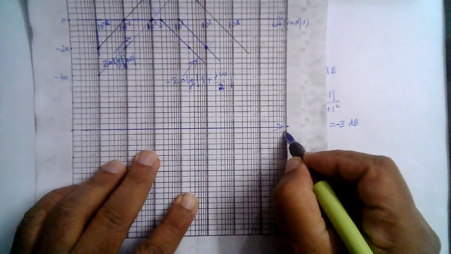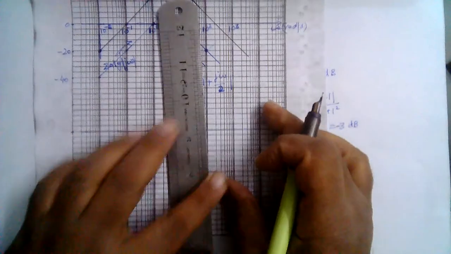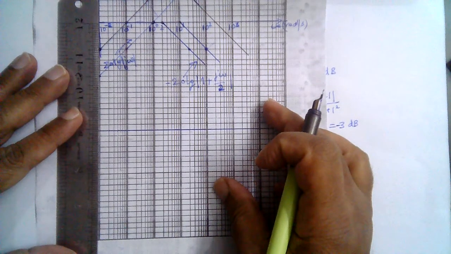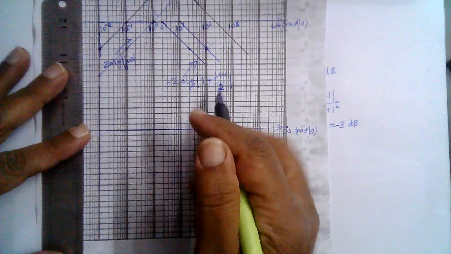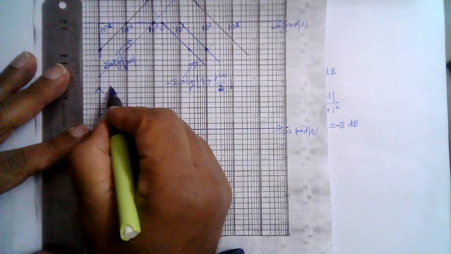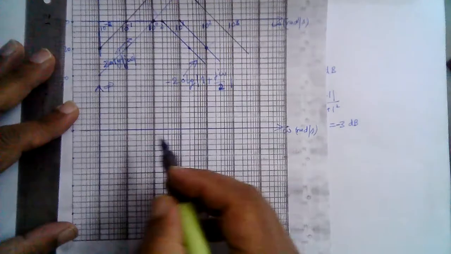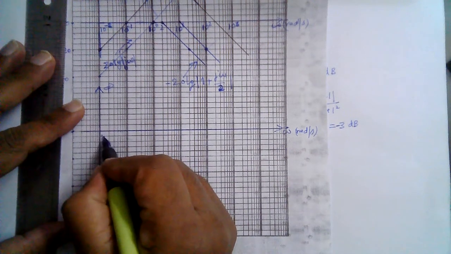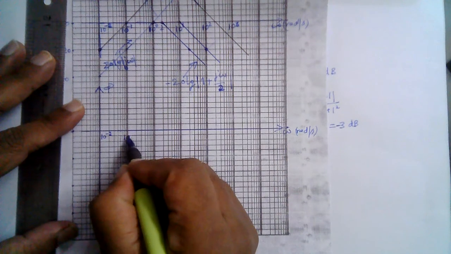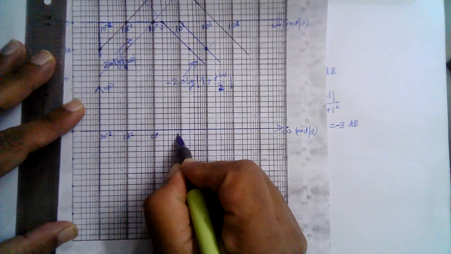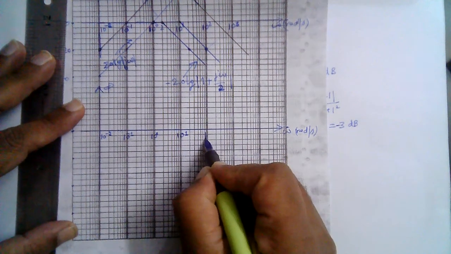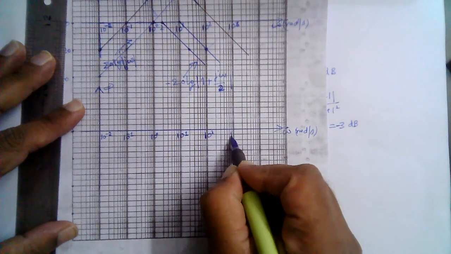This is omega in radians per second, and the vertical axis will be for the phase angle, phi. And this is times power, for example, minus 2 again. This is times power minus 1. This is times power 0. This is times power 1. This is times power 2. This is times power 3, right?